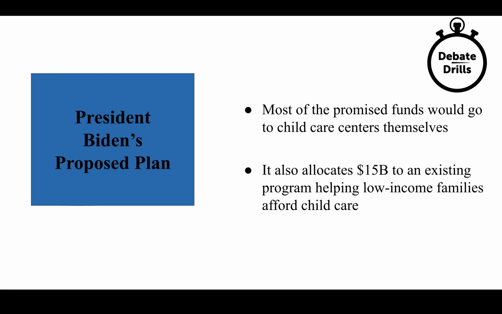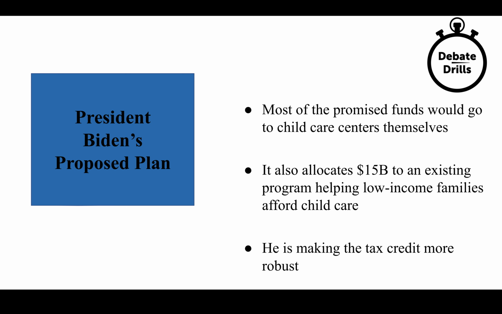However, the plan also allocates $15 billion to an existing program that would help low-income families afford childcare. In other words, we have various programs right now that help low-income families provide childcare, and this plan that President Biden has proposed allocates $15 billion to those already existing programs.